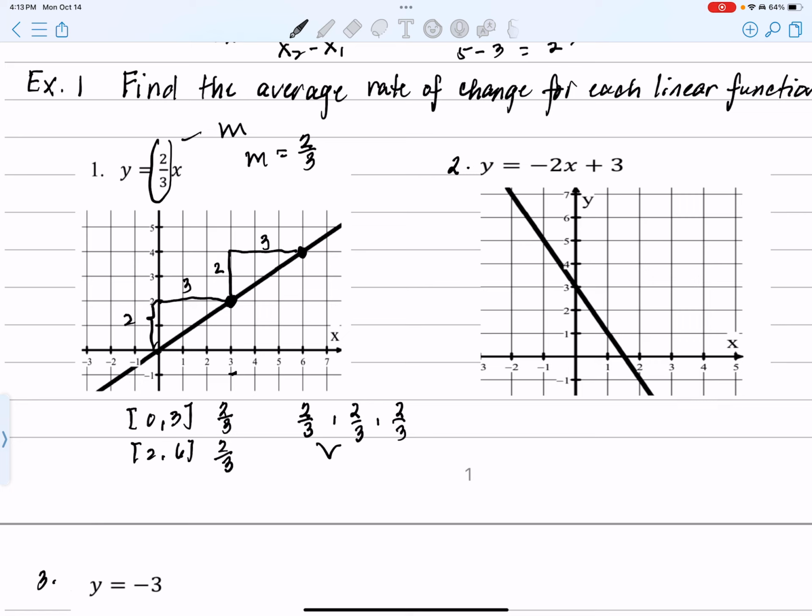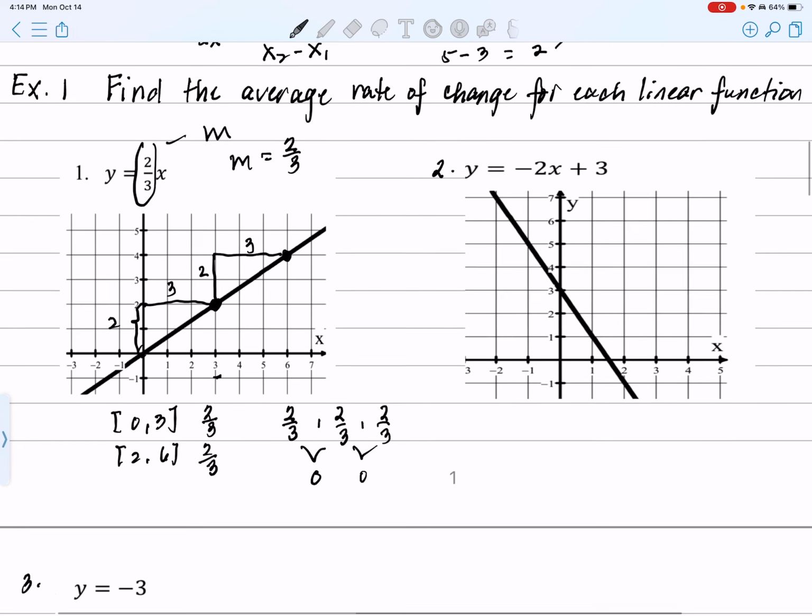What is the rate of change of the average rate of change in the linear function? Is it 0? Okay, nothing. It's constant. I mean, the change in a linear function is 0.